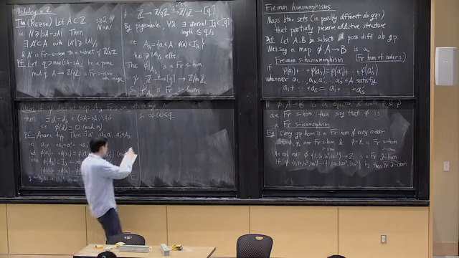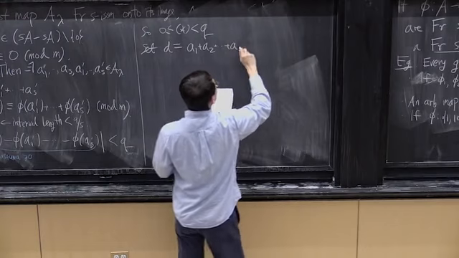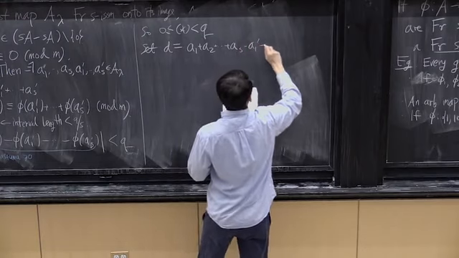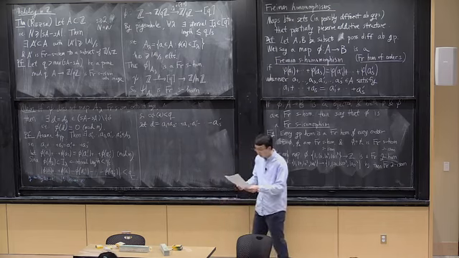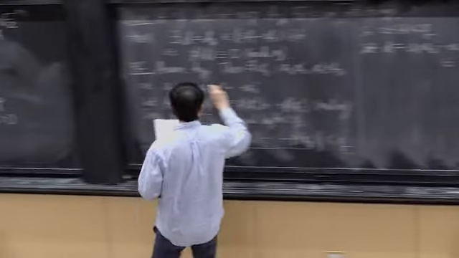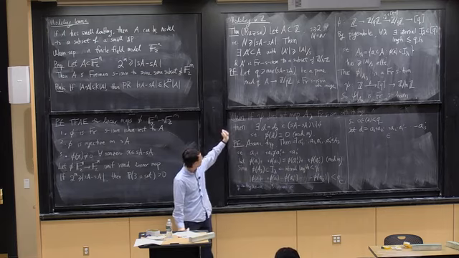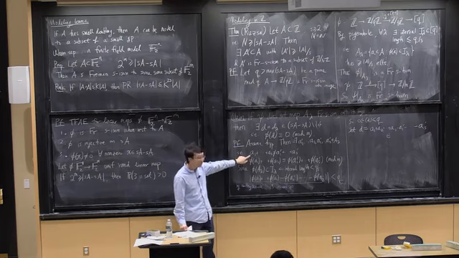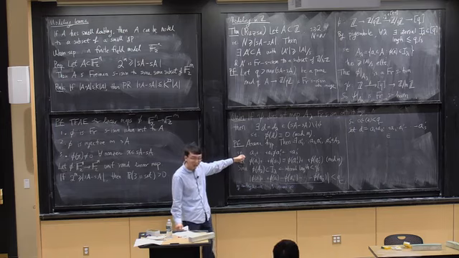Now if we set d to be this expression, the difference between these two sums: if you are not mapping Freiman isomorphically onto the image, then I can exhibit some witness for that non-isomorphism, meaning a bunch of elements that do not have additive relations in the domain, but that do have an additive relation in the image.